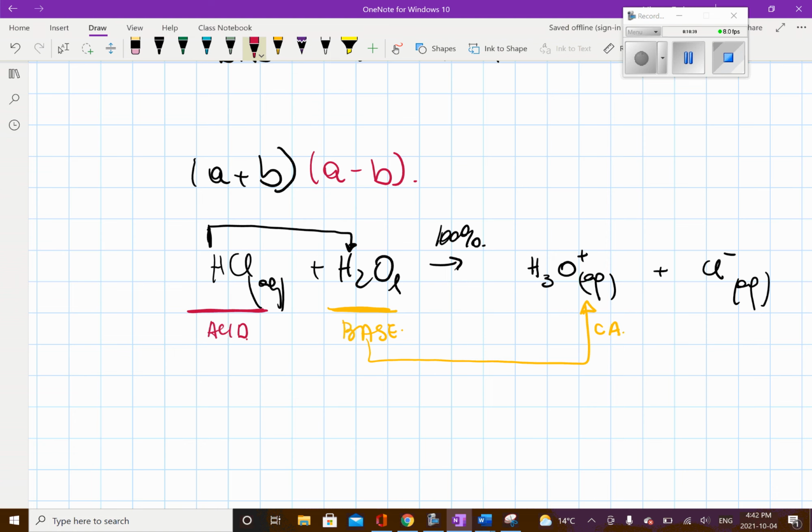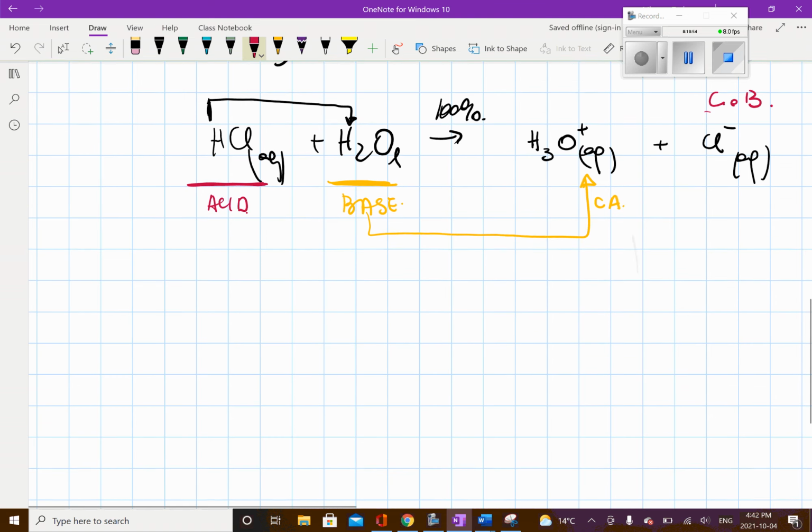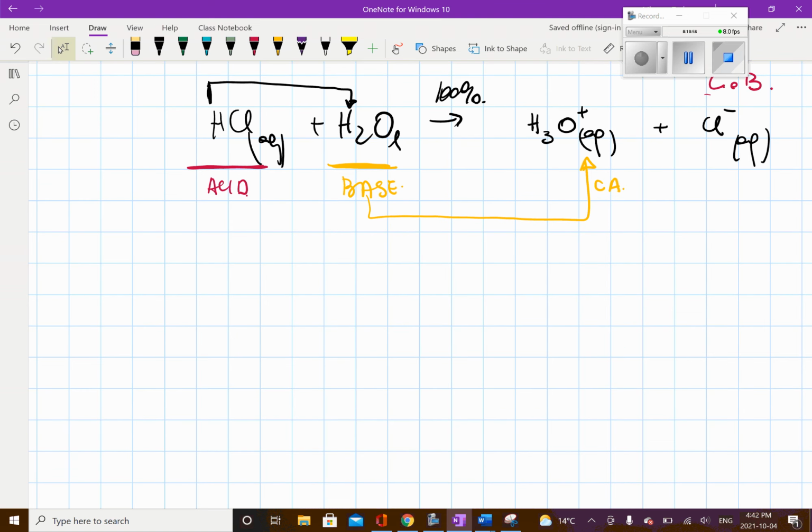And the one that is left as a result of the donation of the hydrogen becomes a conjugate base. So an acid becomes a conjugate base, while a base becomes a conjugate acid.